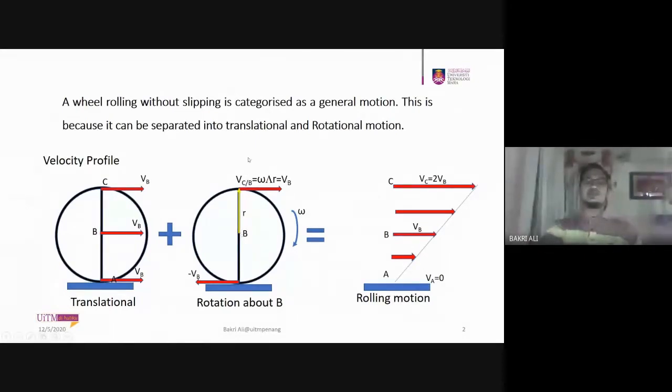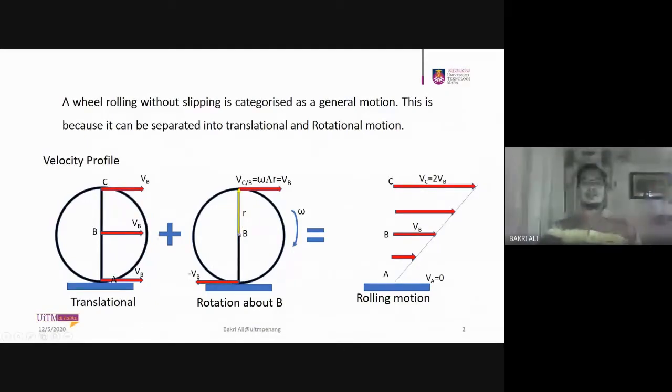This velocity has the same magnitude as VB. VC/B is given by omega, the rotation of the wheel, cross R, where R is the radius of the wheel, and that is equal to VB. If the wheel moves to the right, then omega is rotating clockwise. Because it rotates about point B, the center will have no velocity due to the rotation, so it maintains VB.